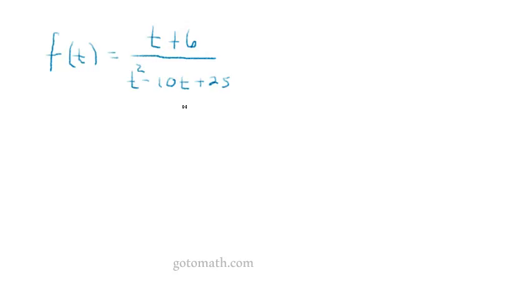We want to take the denominator, set it equal to 0, and solve for t. So let's do that. t squared minus 10t plus 25. Instead of using the quadratic formula, let's look at factoring this, because I think it factors nicely.